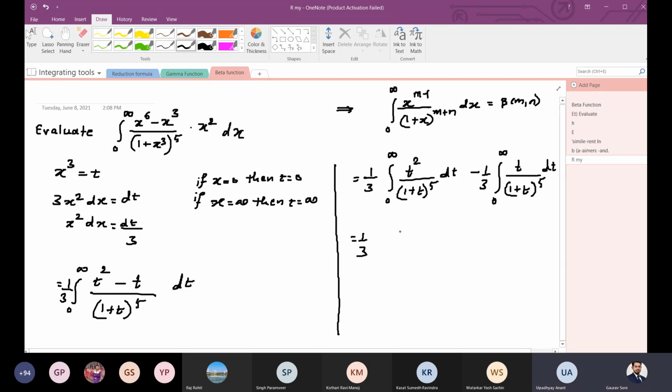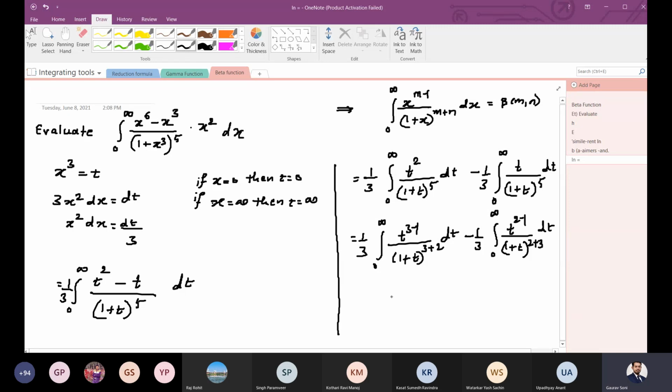Look, this 2 is nothing but t raised to 3 minus 1. And so depending on this m, you should adjust this 1 plus t raised to 3 plus 4 dt, minus 1/3 integration 0 to infinity t raised to 2 minus 1 upon 1 plus t raised to 2 plus 3 dt.